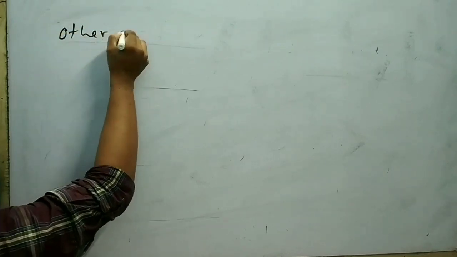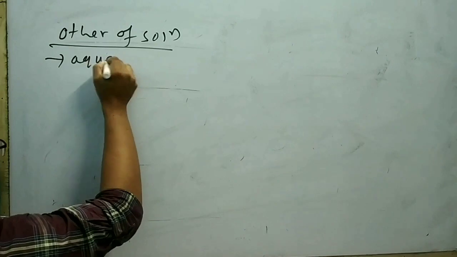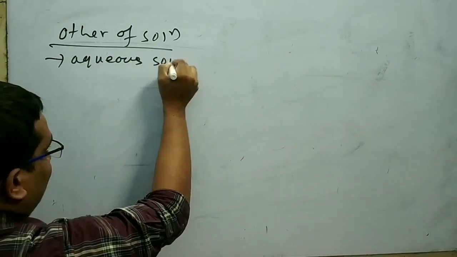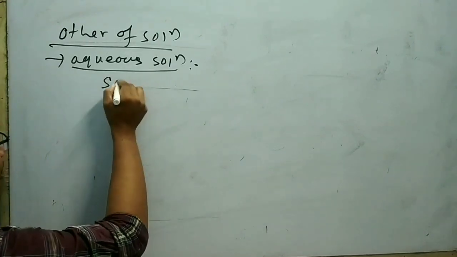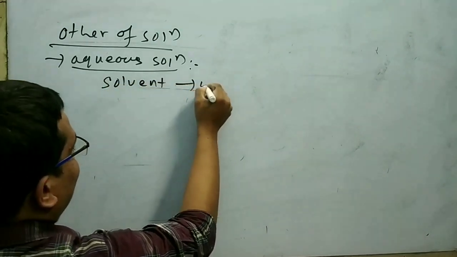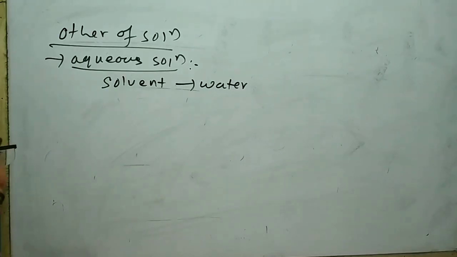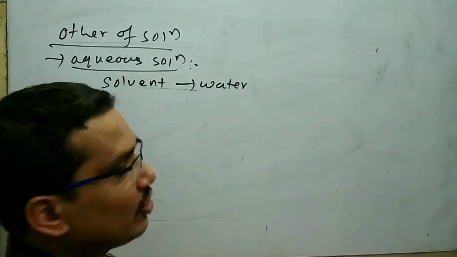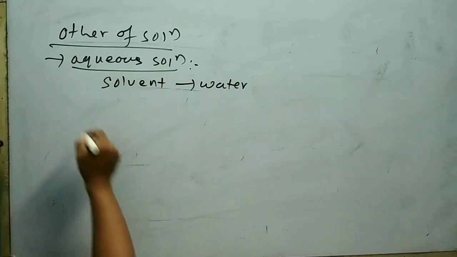There are also other types of solution. First is your aqueous solution. In aqueous solution, the solvent is your water. So I can say the solution in which the solvent is water is called aqueous solution.